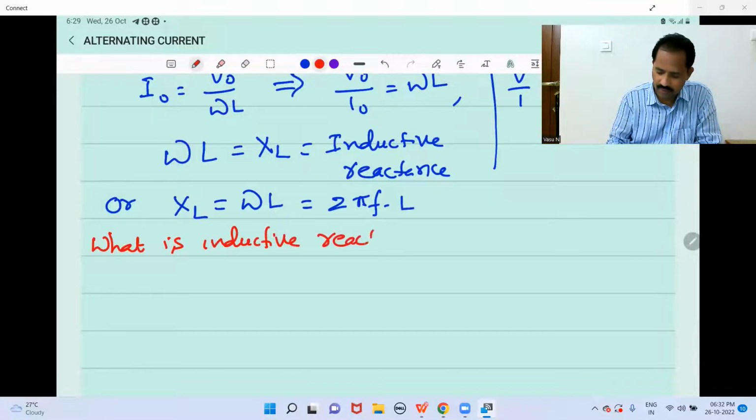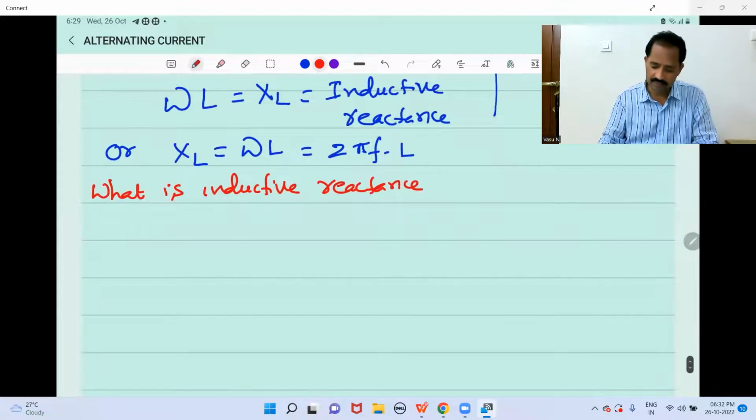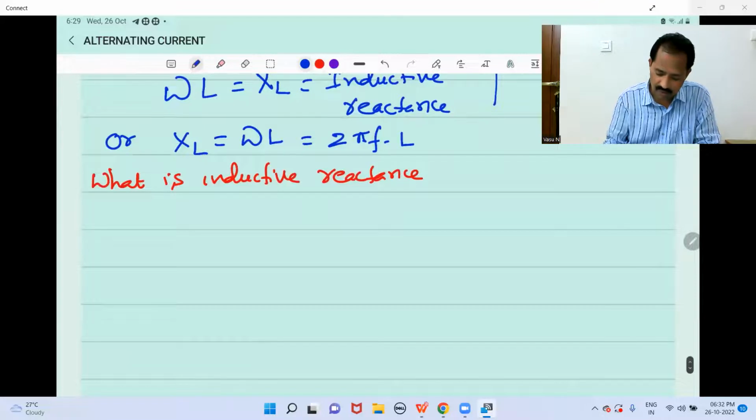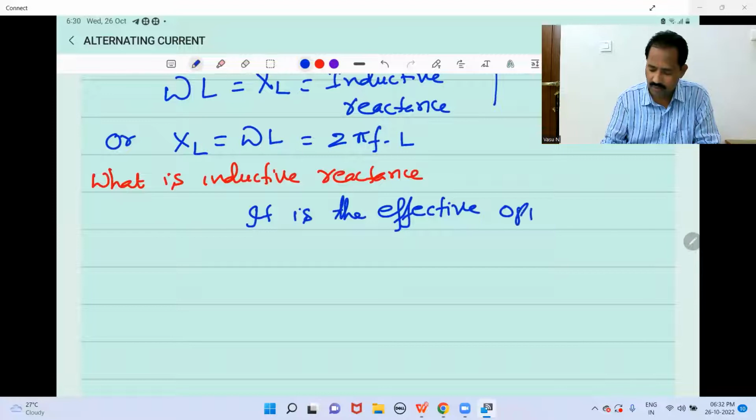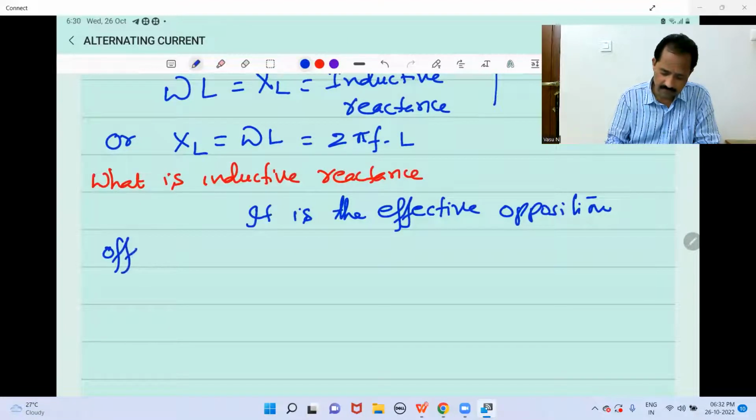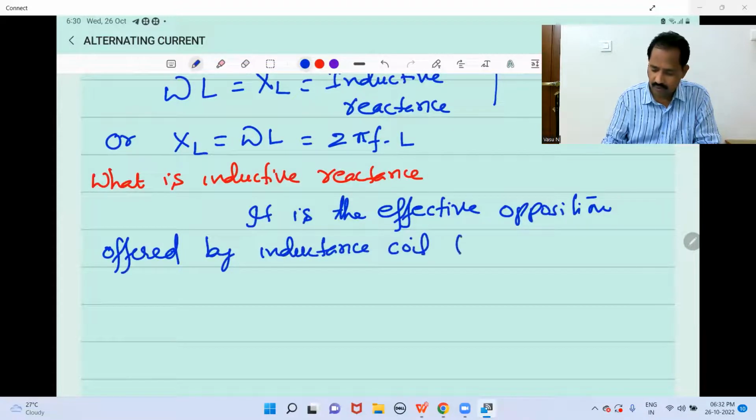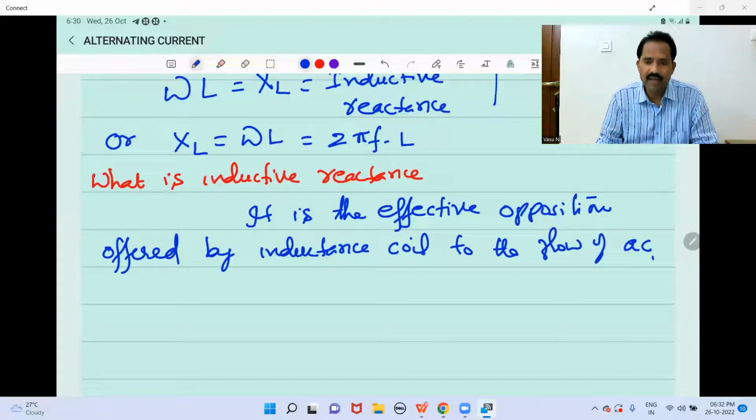This must be your answer: it is the effective opposition offered by an inductance coil to the flow of AC. It carries 1 mark.